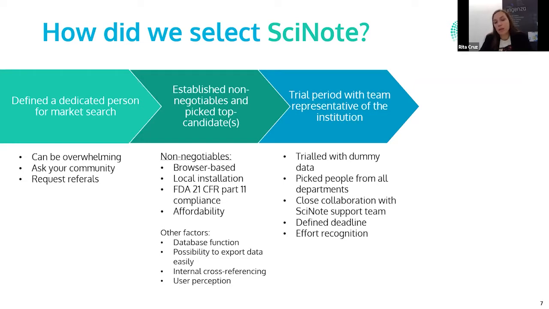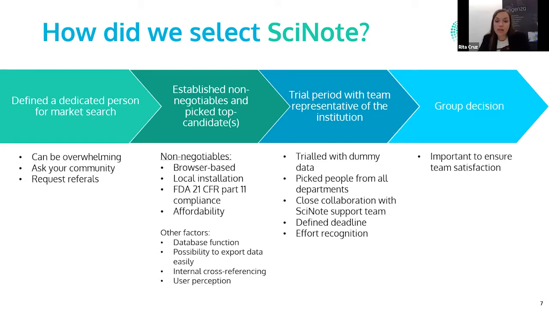So this was something that they could tell their line manager in their annual appraisal, look, I've contributed to improve the practices of the company by trialing these different ELNs. So this was something that also motivated people to do a good job on this trial and really do it thoroughly.